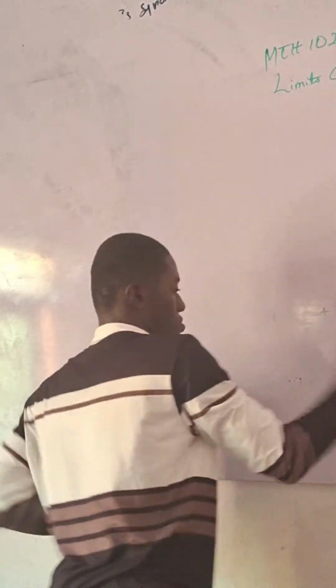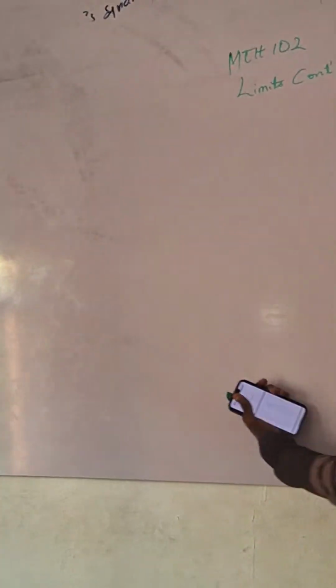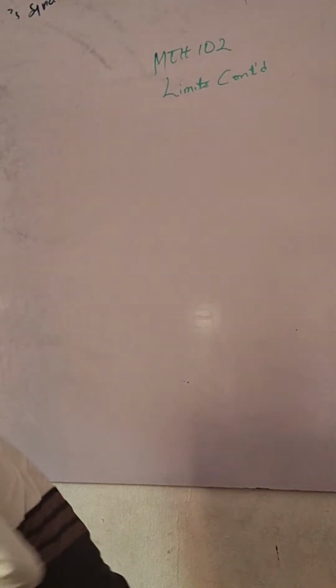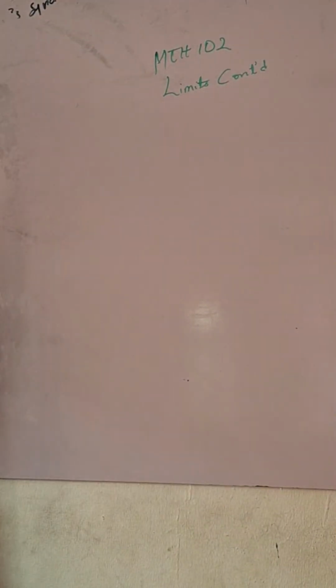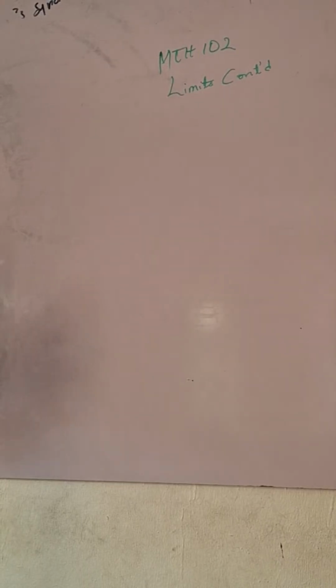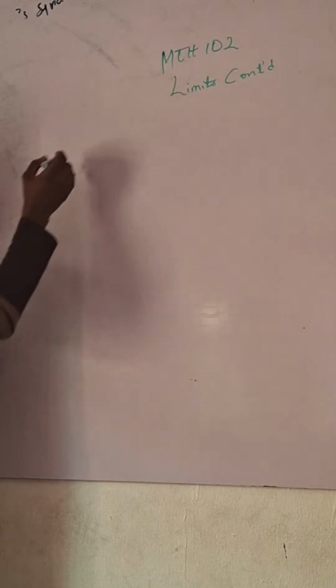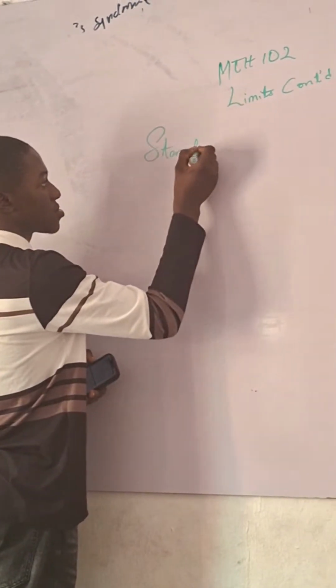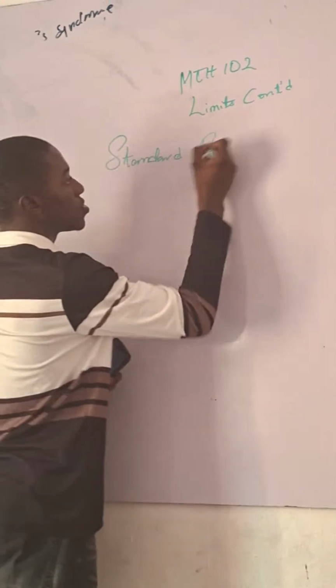Standard result method is basically dealing with indices. You must be familiar with indices a little bit. So, standard result method.